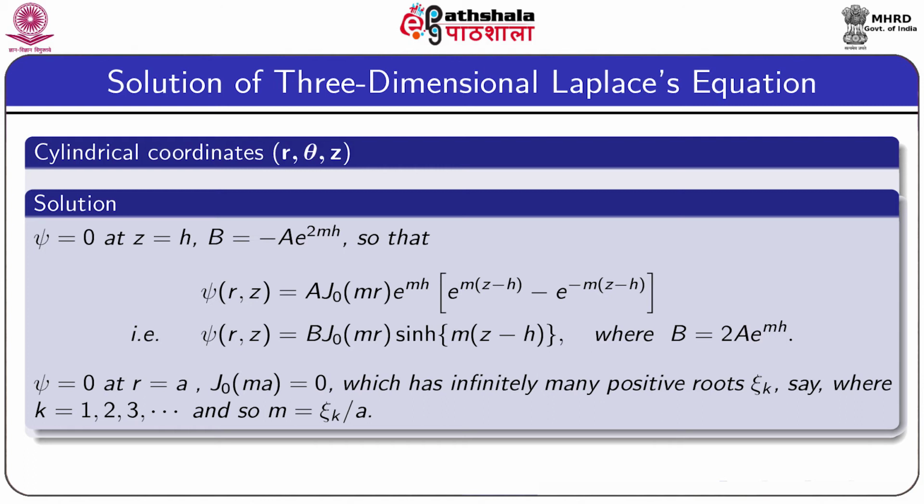Now, we need to satisfy another boundary condition, which says that psi = 0 at r = a. So, it gives J0(ma) = 0.